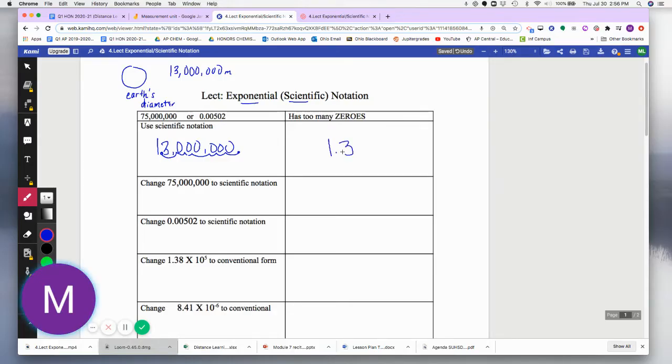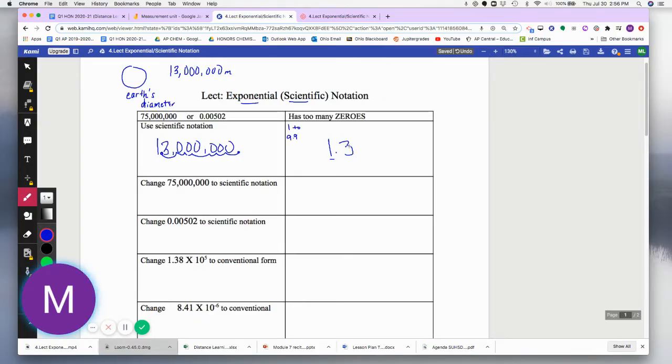Remember that the decimal place has to be after the first non-zero number, which means these numbers should be between 1 and 9.9.